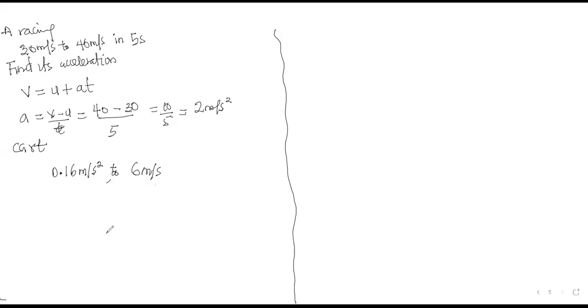How much time is used or taken? A cart moving at 9 meters per second decelerates uniformly at the rate of 0.16 meter per second squared to 6 meters per second.